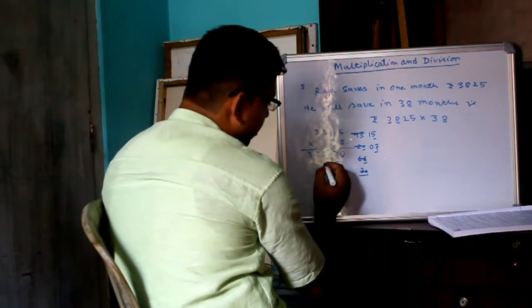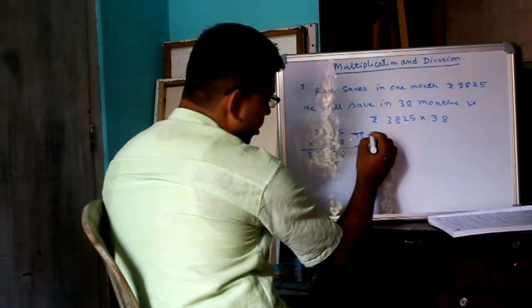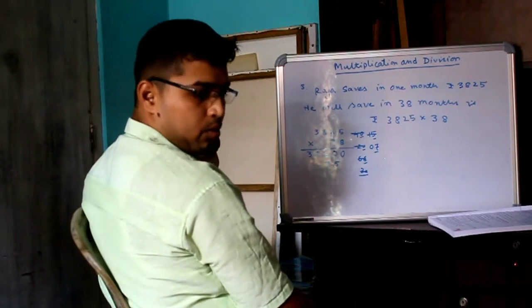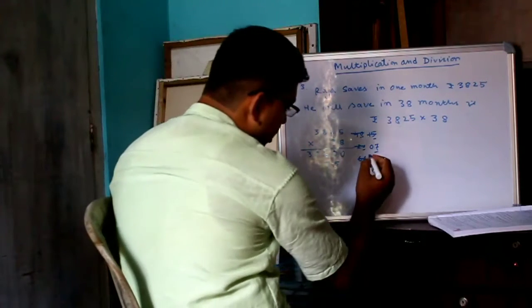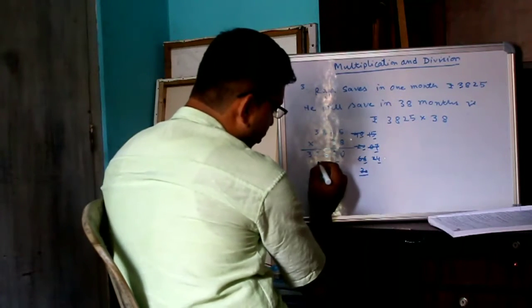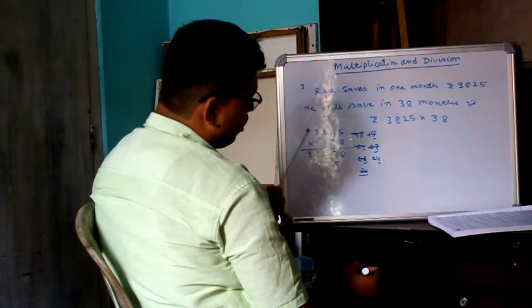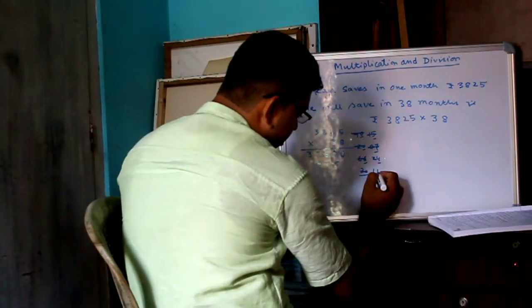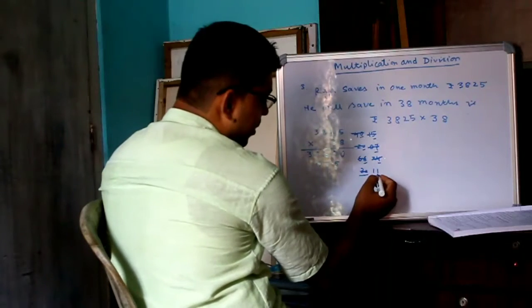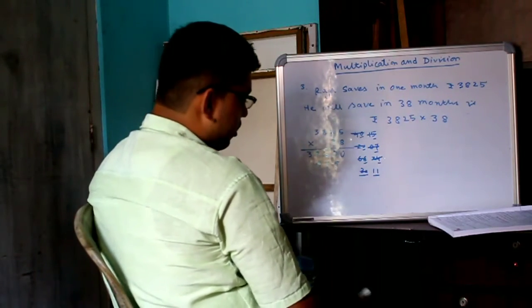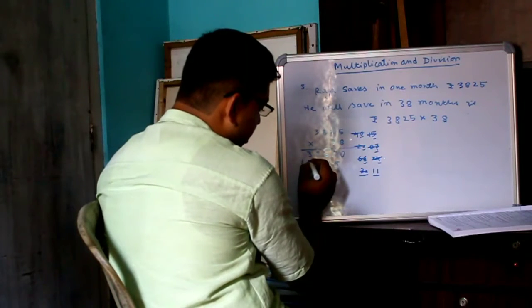So 7 is coming. 0 is left. 15 is finished. 3 into 8, 24. 24 plus 0, 24. 7 is finished. One's digit is 4. 4 is coming. 3 into 3, 9. 9 plus 2, 11. 24 is finished. Whole 11 is coming because here no digits are there.